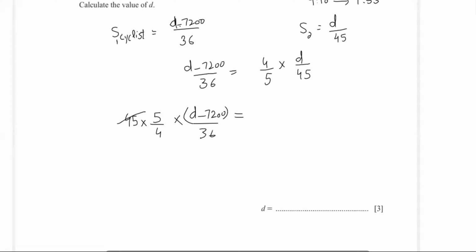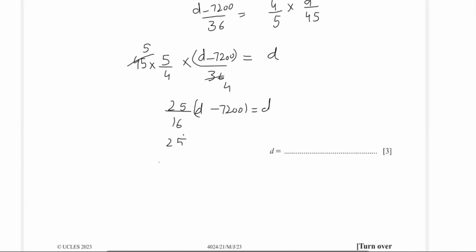Now we can write it as 9 times 5 is 45, 9 times 4 is 36. Therefore, d will be equal to 25 over 16 d minus 7,200 equal to d.